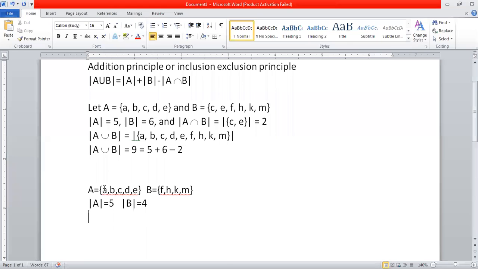So the absolute value of A, that is total number of elements in A, 1 2 3 4 5, it is 5. Then total number of elements in B are f, h, k, m, that is equal to 4.